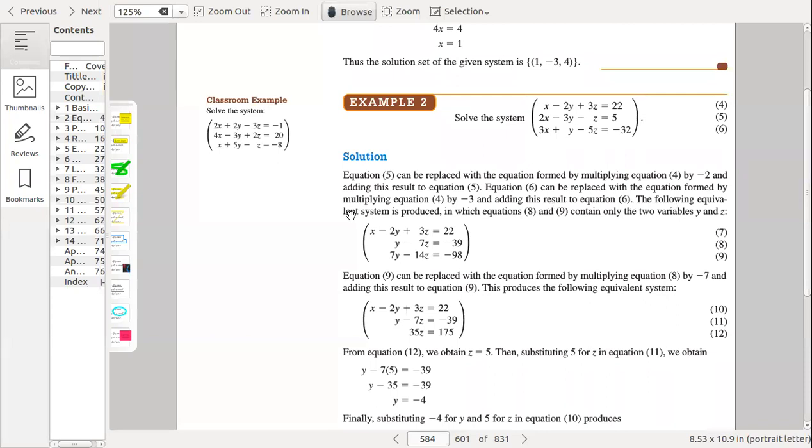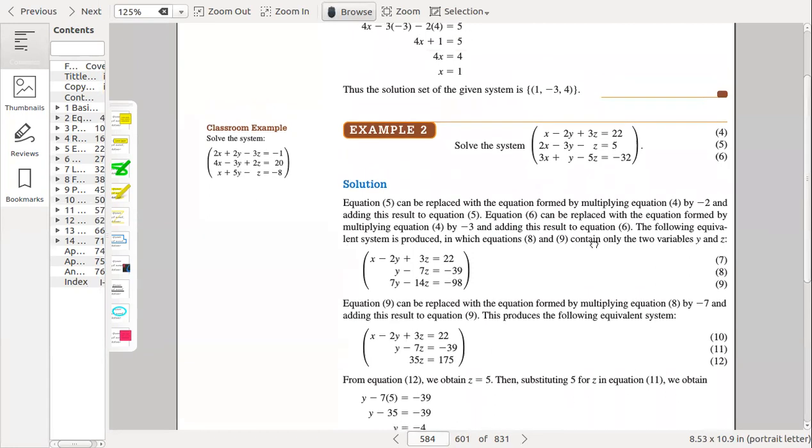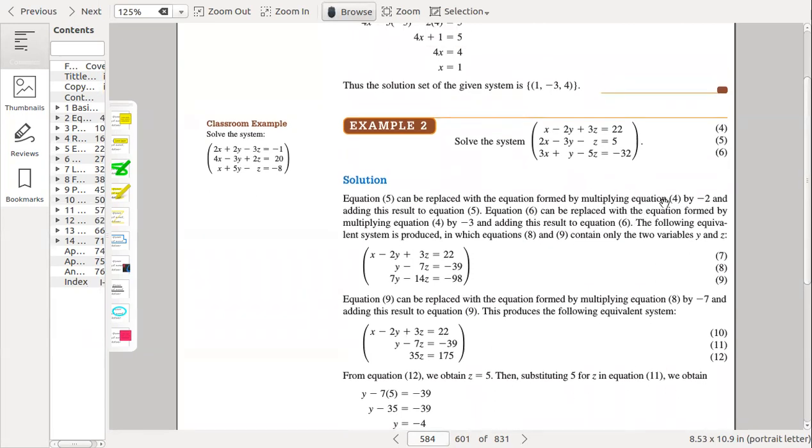The following equivalent system is produced, in which equations 8 and 9 contain only the two variables y and z. So what he has done is multiply equation 4 with minus 2.